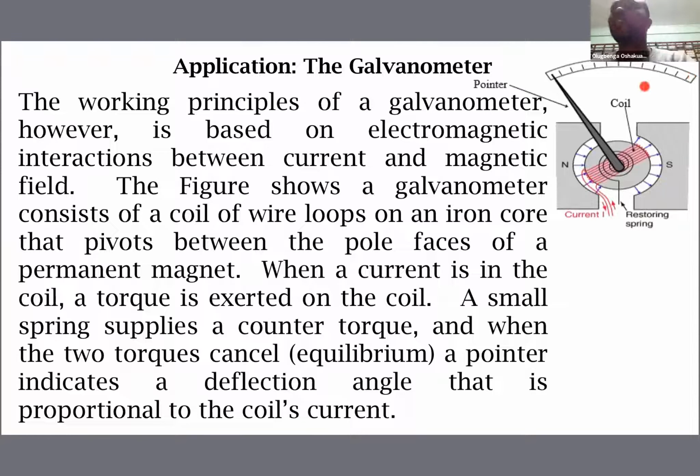Its work is to balance the magnetic force created as a result of current flow. When tiny current is flowing through, we should expect tiny deflection. When large current is flowing, we should expect large deflection.